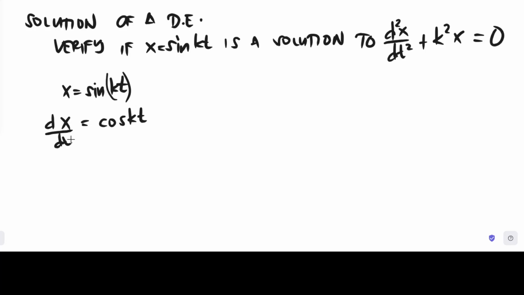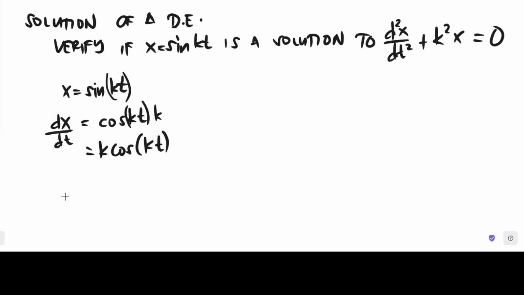So dx over dt, right? We are deriving sine of kt in terms of t. The derivative of sine is cosine kt, and then the derivative of the inside of the parenthesis will be k. So this will be k cosine of kt.